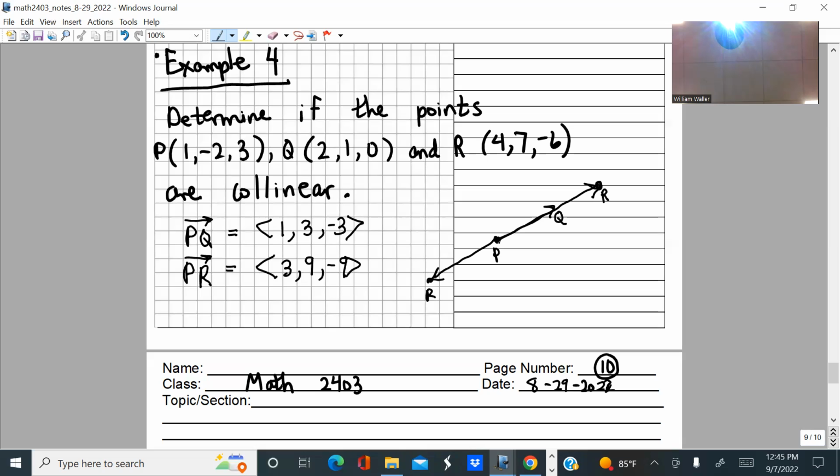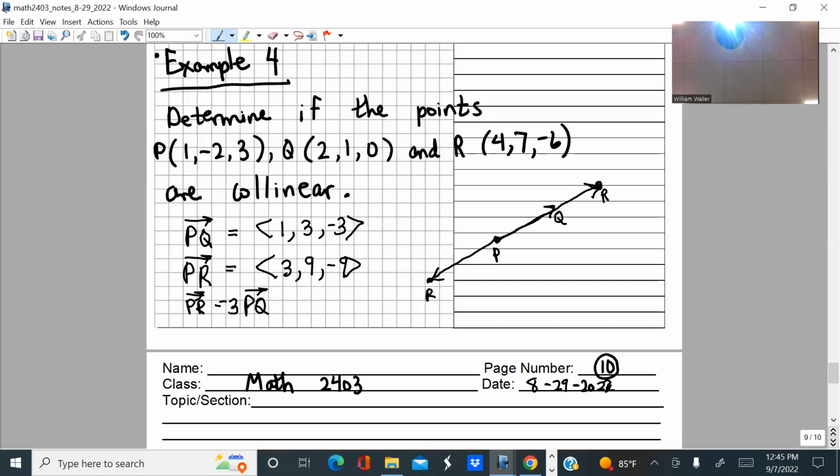Is that true? So to check if they're parallel, you're just going to see, is one of these a multiple of the other? So is there something I can multiply PQ by in order to get the vector PR?